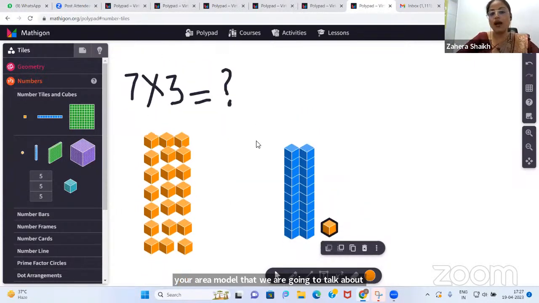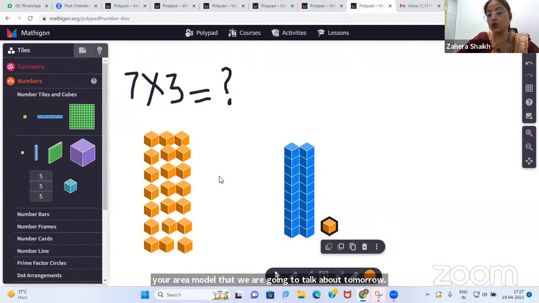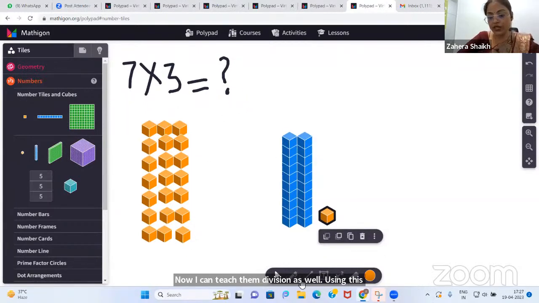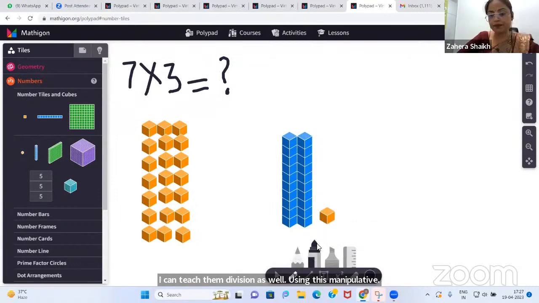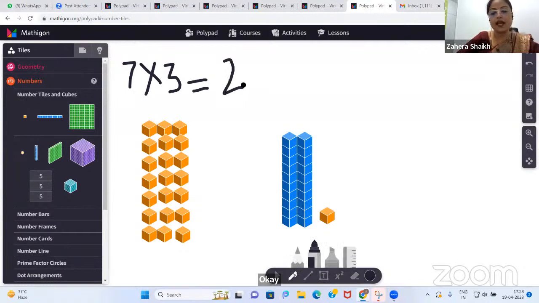Okay, so this is how I'm teaching them multiplication using the manipulative. Now I can teach them division as well using this manipulative. So if I just flip the question, I know my product is 21, right? Yes.